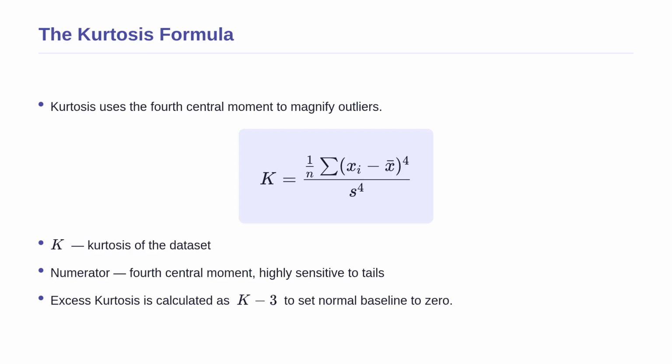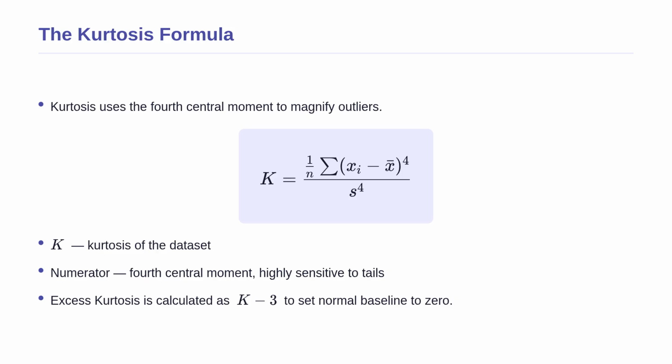To quantify these tail weights, let us look at the mathematical formula for kurtosis. Conceptually, this formula is very similar to skewness, but instead of the third moment, we use the fourth central moment. In the numerator, we raise the distance of each data point from the mean to the power of 4.